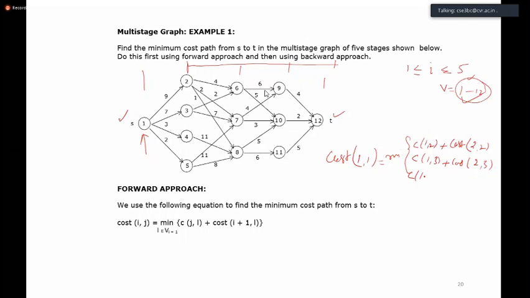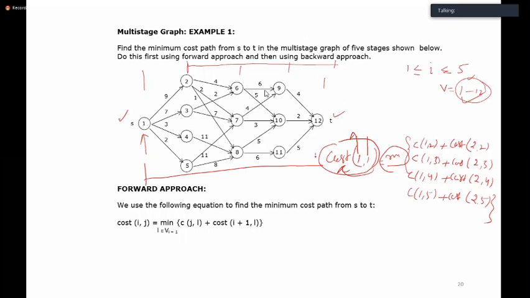Then c of 1 to 4 plus cost of second stage, fourth vertex, and c of 1 to 5 plus cost of second stage, fifth vertex. From these 4 possibilities, whichever gives the minimum value is cost of 1 comma 1, meaning first stage, first vertex. This value represents the distance from here to here.